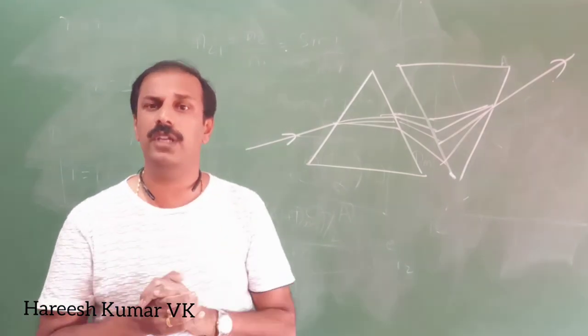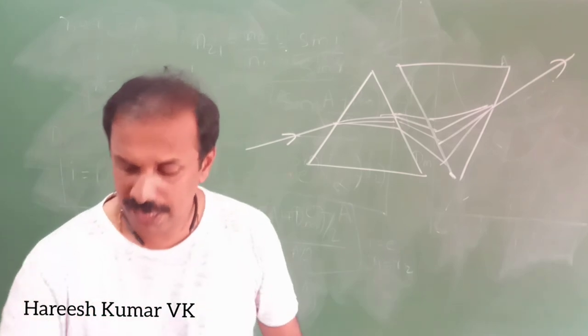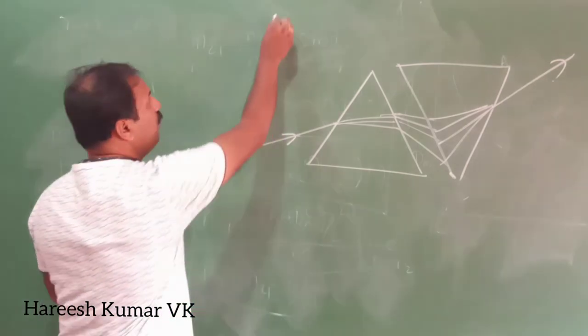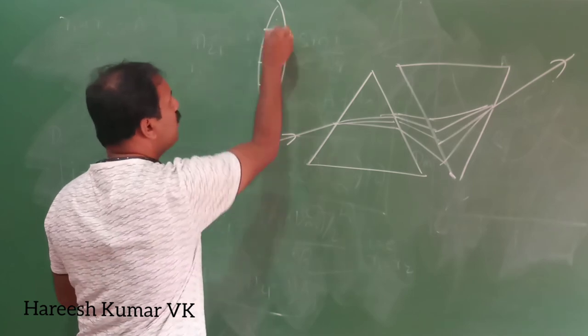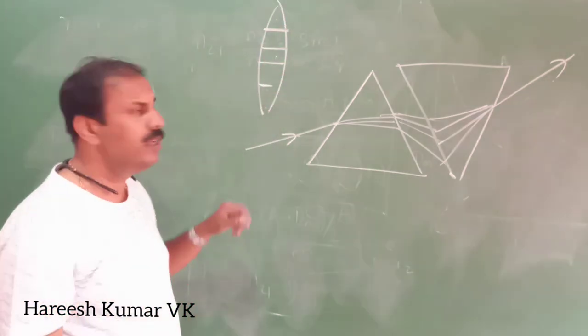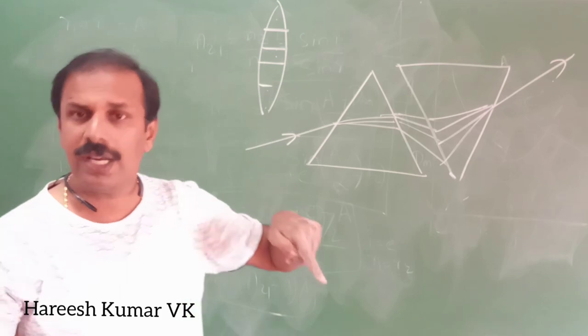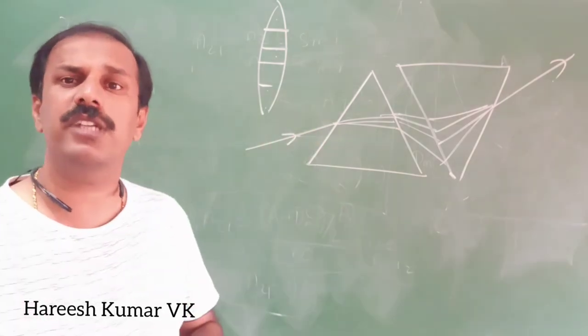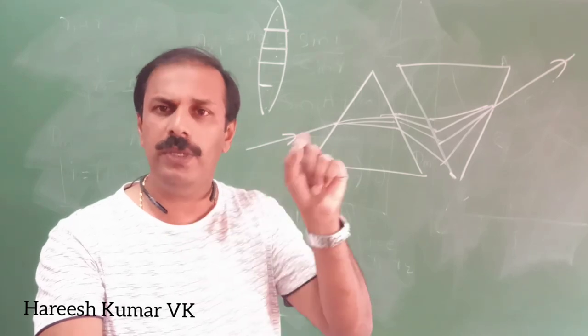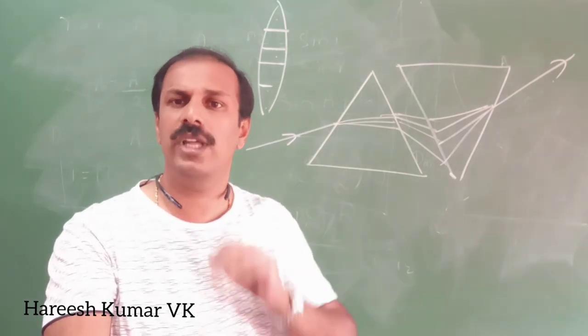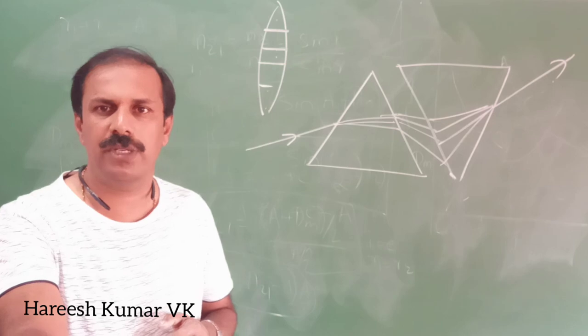They will focus to different points, because the lens can be considered as a combination of different prisms. The lens is like this. Each part, if you take it, will act like a different prism. So all the colors will not exactly focus to the same point, so the image will be a little blurred, or there will be a little problem with the image. That is called chromatic aberration.